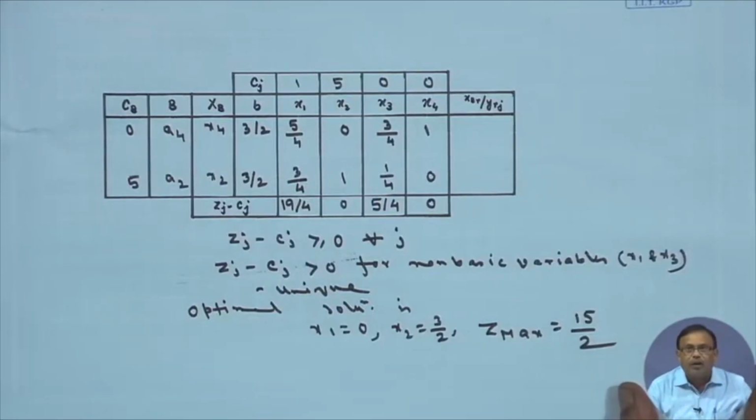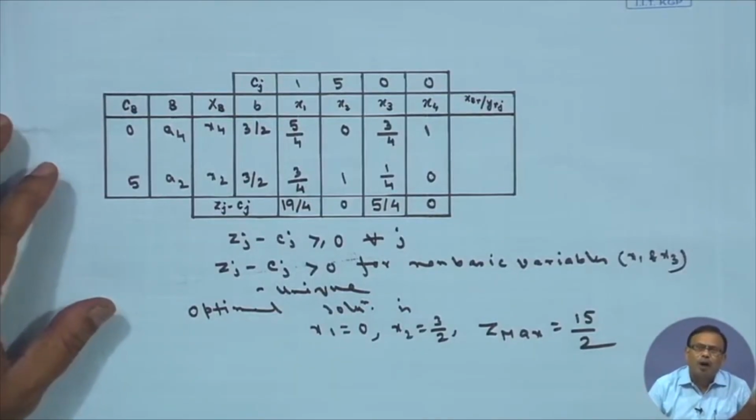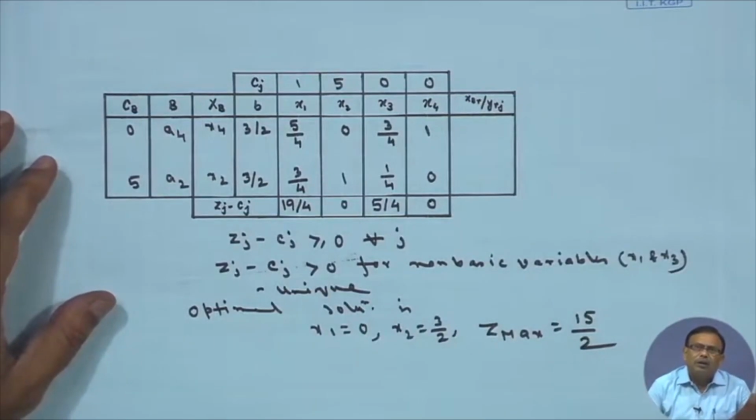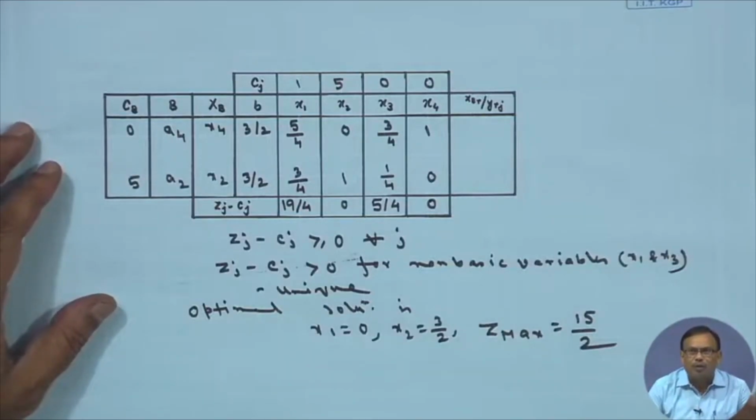So, please note that for the earlier problem we have done, although zj minus cj was greater than or equal to 0, there was no solution, because the artificial variable was present in the basis.